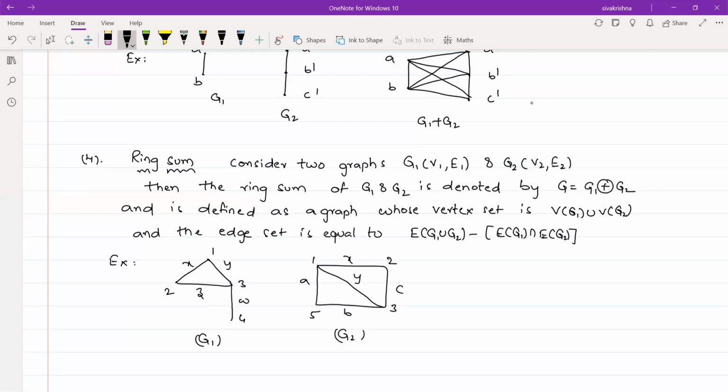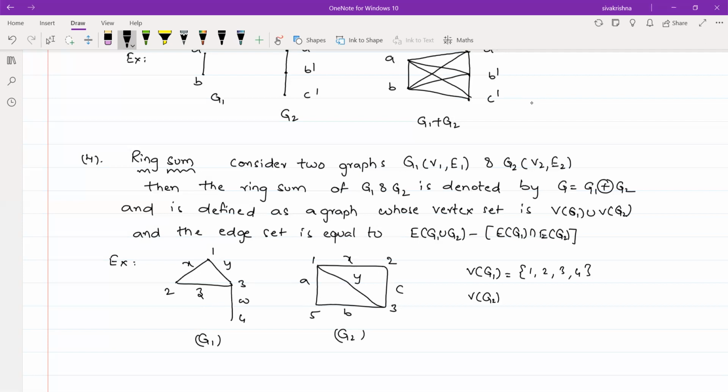Now, if you want to draw the graph of the ring sum of G1 and G2, then the vertex set in the ring sum of G1 and G2 is the union of the vertices in graph 1 and graph 2. In graph 1 we have 4 vertices, and in graph 2 also we have 4 vertices, but the names differ. Vertices in graph 1 are 1, 2, 3, 4.